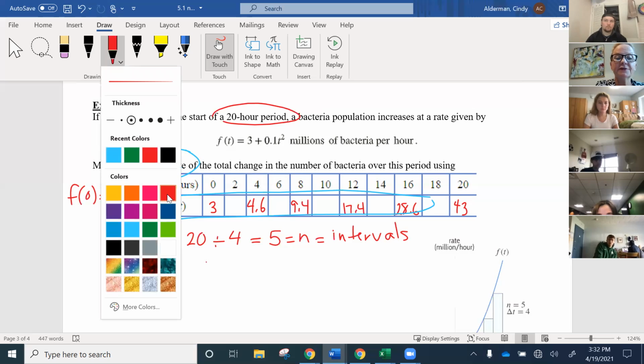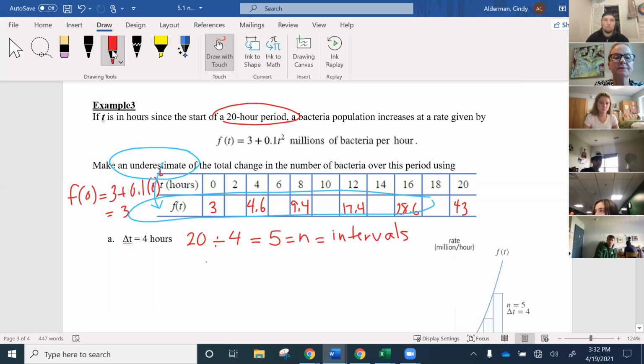let me get rid of this. There we go. All right, we would have the rate, which is the f of t, right? The rate of 3, that's our first value we come to, times the number of hours that have passed. So what are you going to multiply it by? 4.